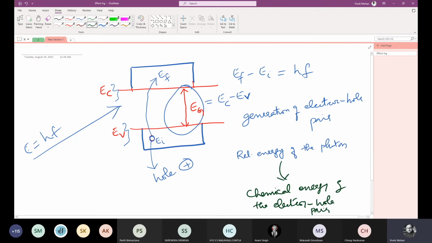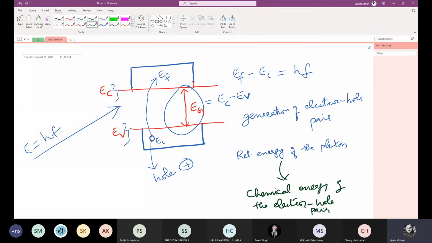Now, what is the maximum conversion efficiency from the radiative energy to the chemical energy? It is limited by thermodynamic effects, because if the temperature is high, then the conversion efficiency will be low. Accordingly the efficiency will vary.